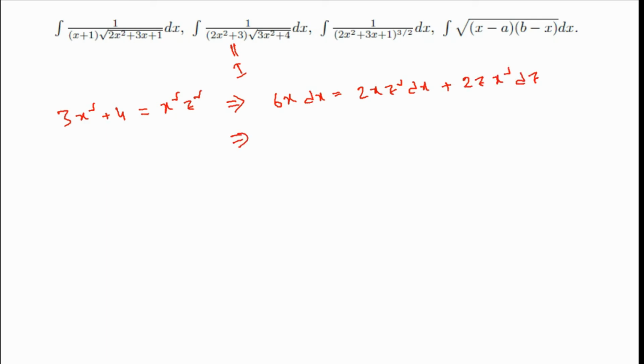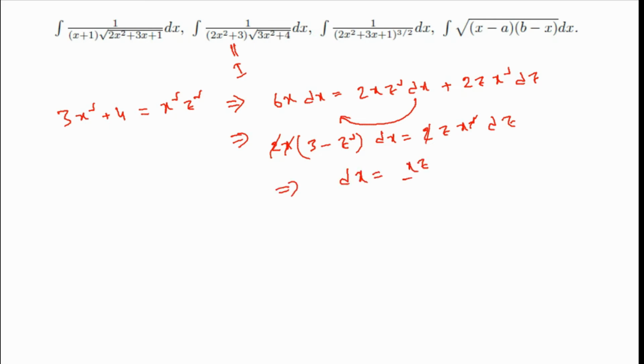Now just write down the 2x dx on that side. Now we can get 2x into (3 minus z square) dx equal to 2z x square dz. 2 will get cancelled, one x also gets cancelled, so we have dx equal to xz by (3 minus z square) dz.